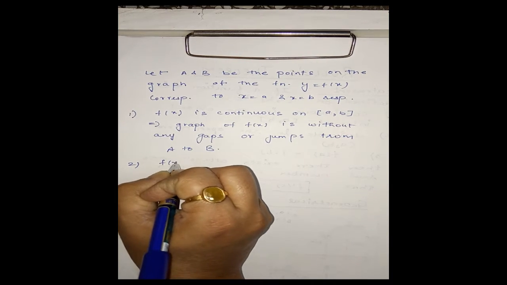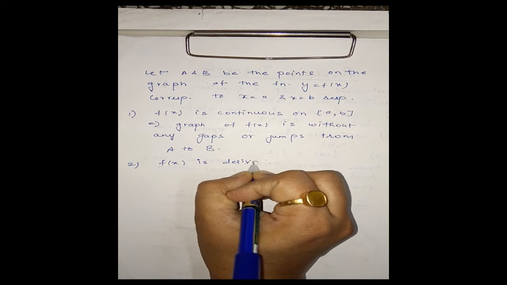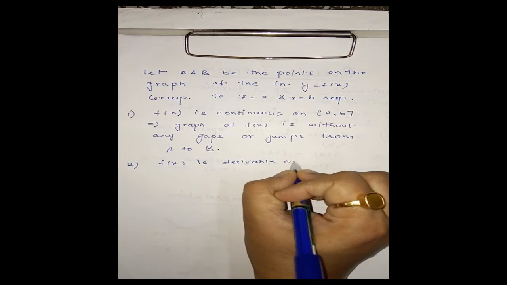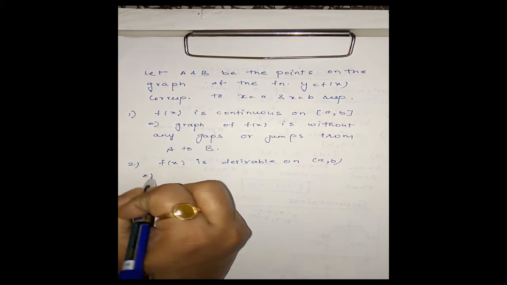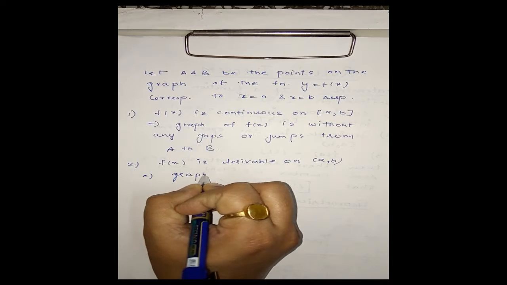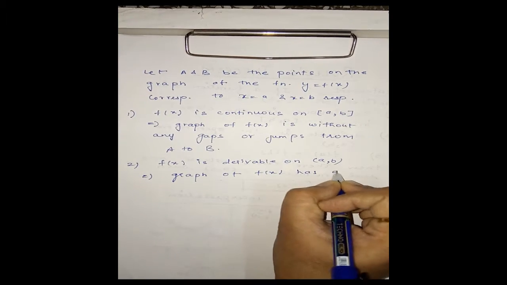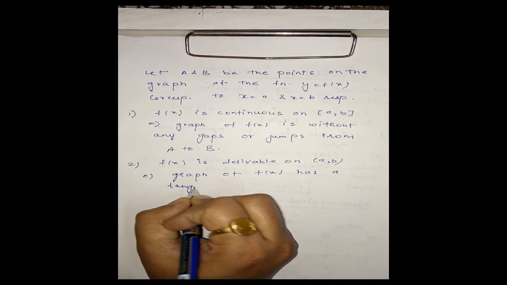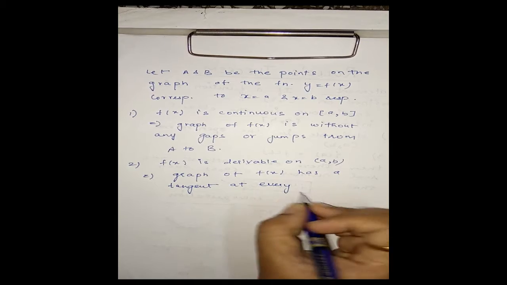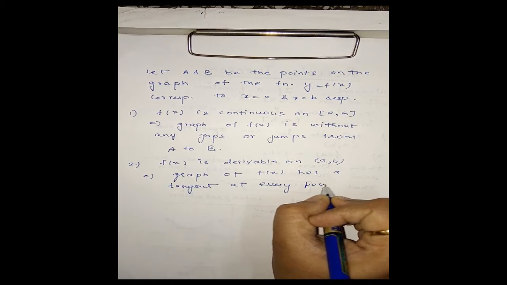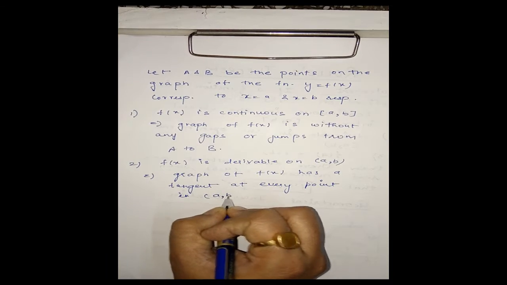Second, f(x) is derivable on the open interval (a, b), which means the graph of f(x) has a tangent at every point in (a, b). This is the second condition of Rolle's theorem.